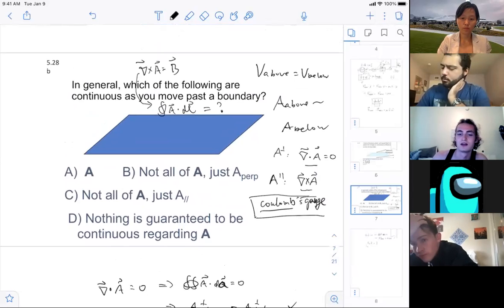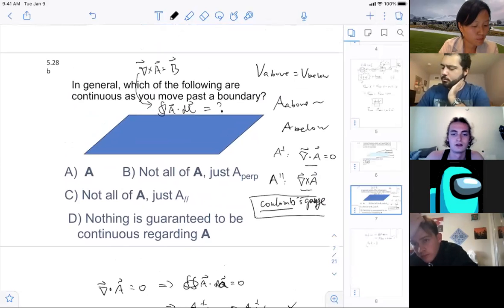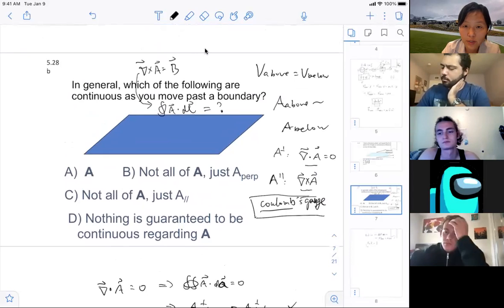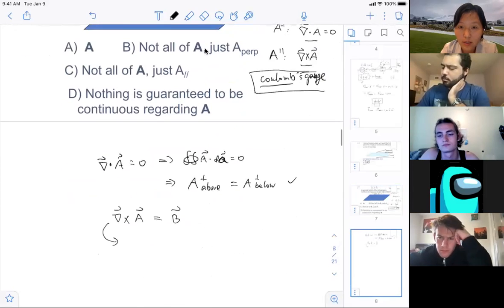So I thought the parallel component of A wouldn't be continuous for that reason. Okay, so we try to extract the parallel component from the curl. Very good. So how exactly would the next step be? Anybody else would like to share their thoughts?